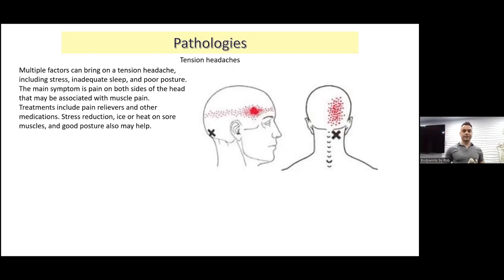But tension headaches are caused by tension in a muscle. So typically, basically any muscle in the neck, in the upper body neck area, can cause tension headaches, especially if it attaches near or around the skull.